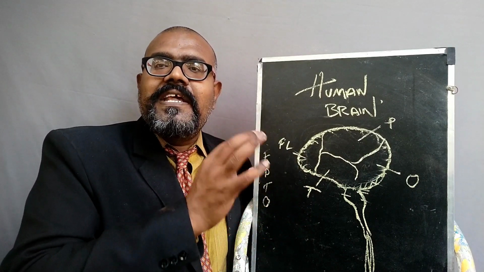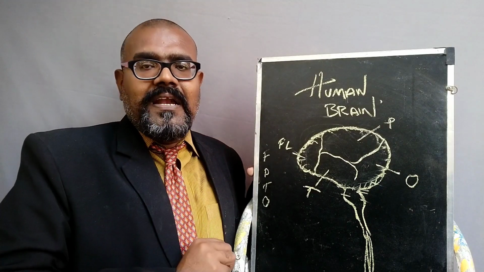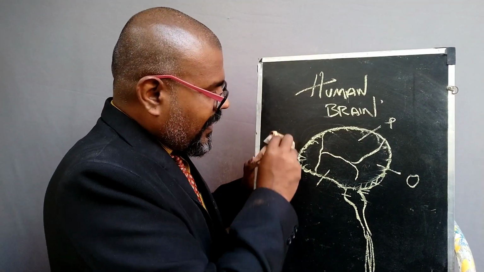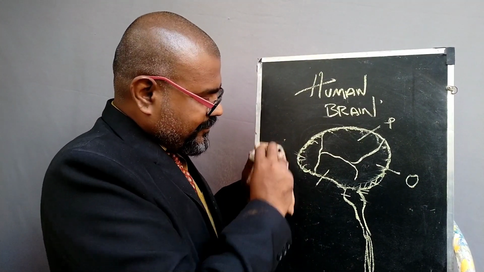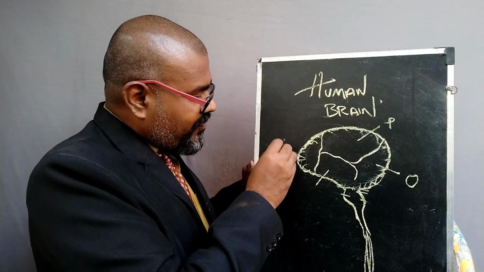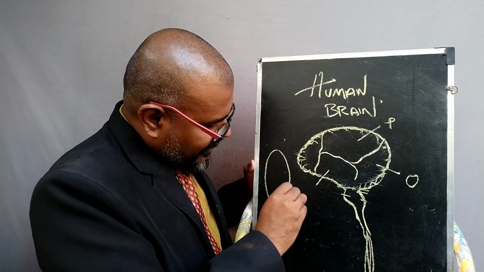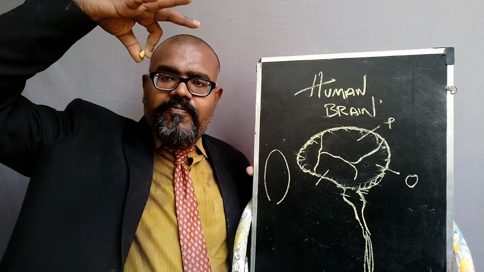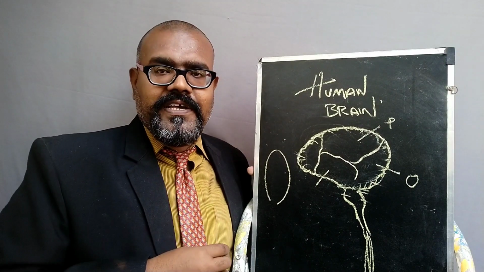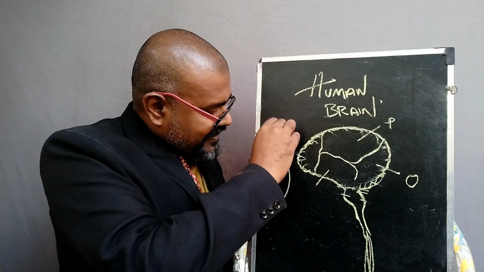So how can we differentiate the cerebral hemispheres? Just look at the top view of the brain. From the top we can see the hemispheres divided just like this.